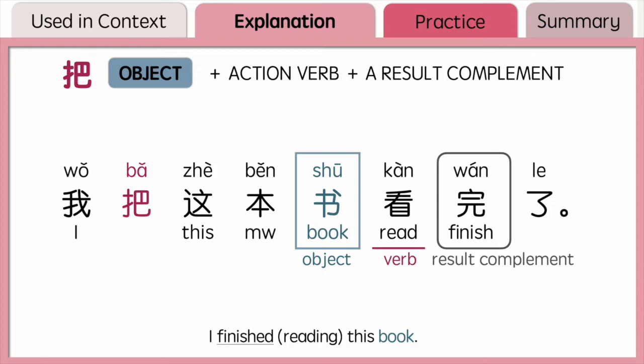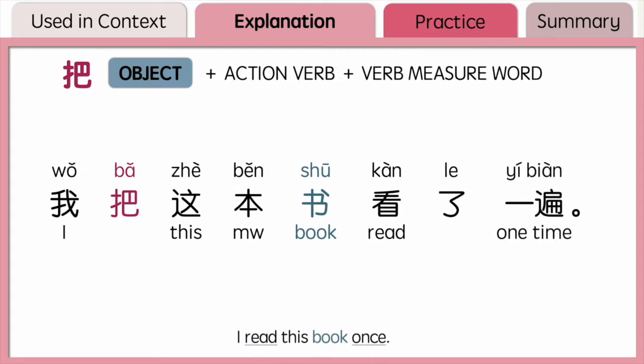Since both sentences indicate the same idea, you may be wondering what's the difference between 我看完这本书了 and 我把这本书看完了 Well, as I briefly mentioned before, since the 把 structure brings the object 书 to the front, it has the effect of highlighting the object.